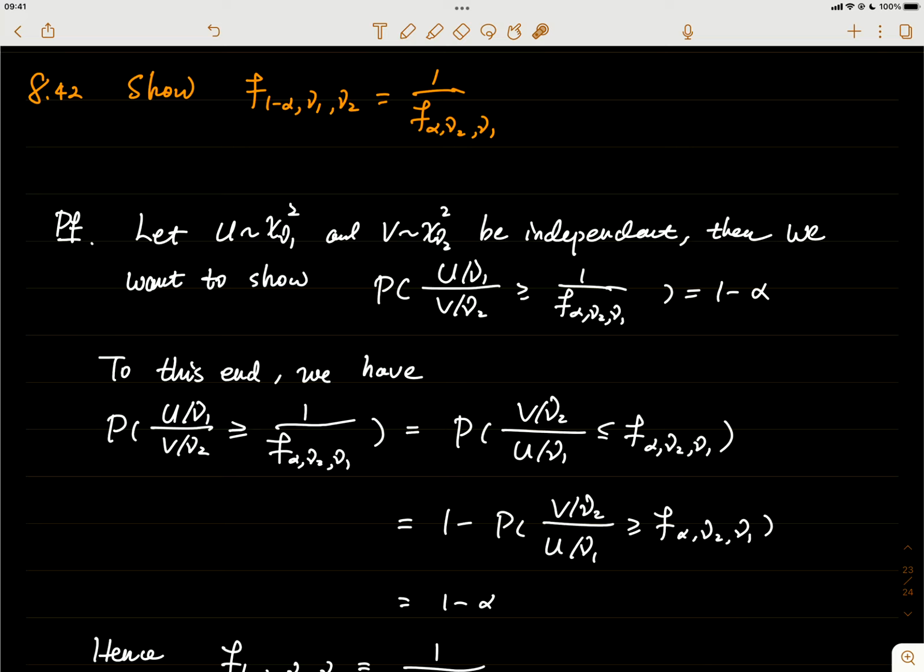So alpha is some number between 0 and 1. Now, suppose we are given these two random variables, U and V, which are independent and follow chi-square distributions with nu1, nu2 as the degrees of freedom.